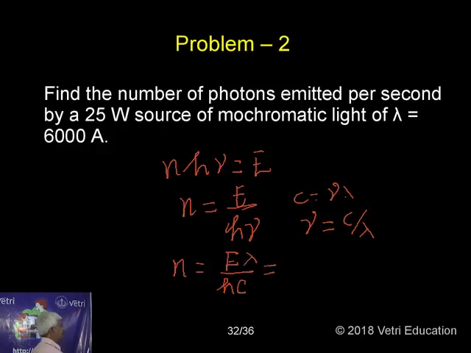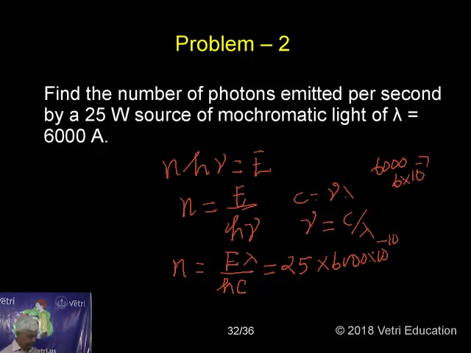Now the given parameters: find the number of photons emitted per second by a 25 watt source of monochromatic light of wavelength. Therefore E is given as 25 watts and the wavelength is given as 6000 angstrom. So 6000 angstrom means 6000 into 10 power minus 10, or 6 into 10 power minus 7.